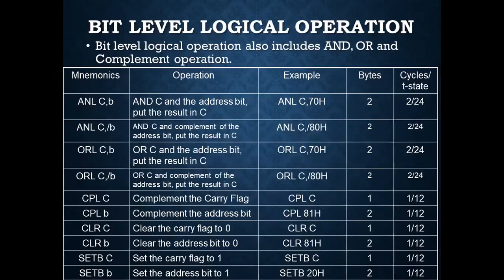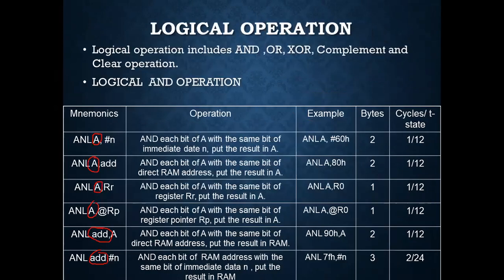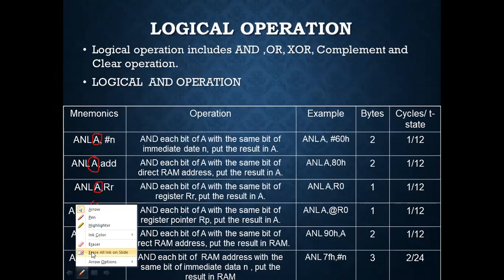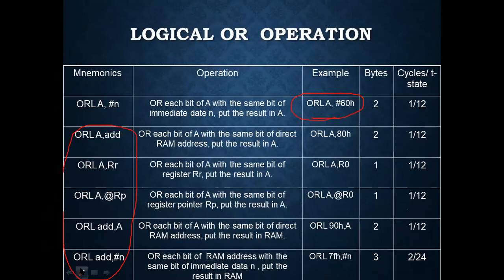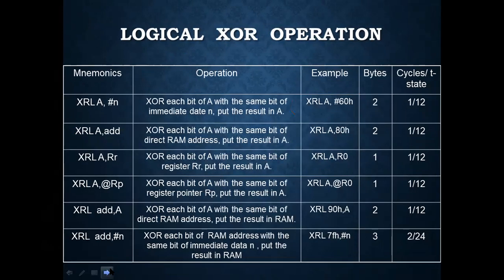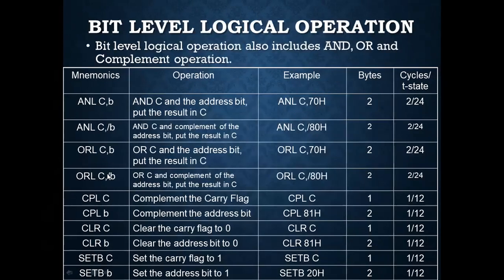So whatever we have seen, in this case you can see this ANL, all these operations are done on 8 bits. Here also the OR operations operate on 8 bits of the particular register or any 8-bit data. But here bit level logical operations are going on.